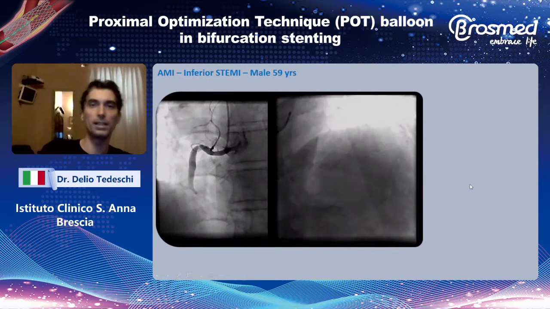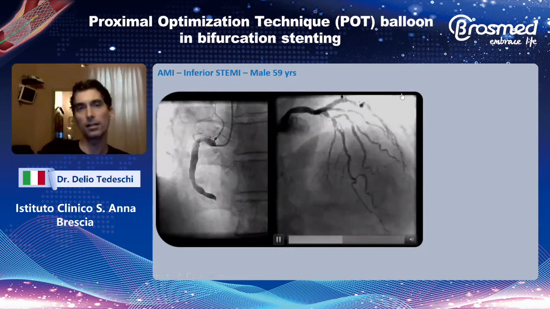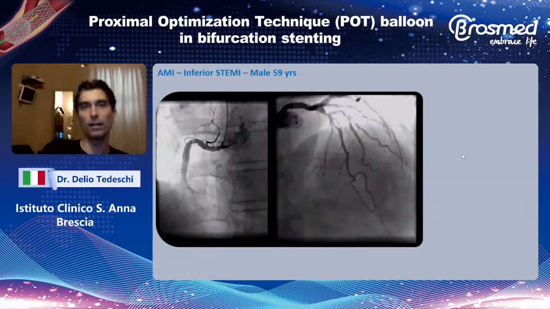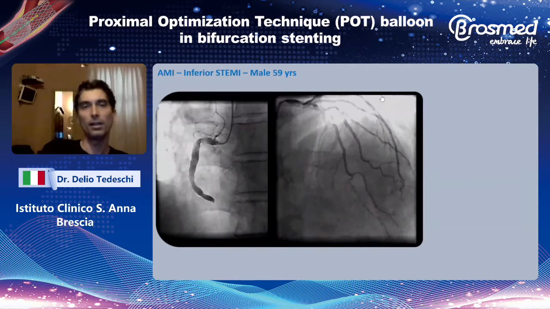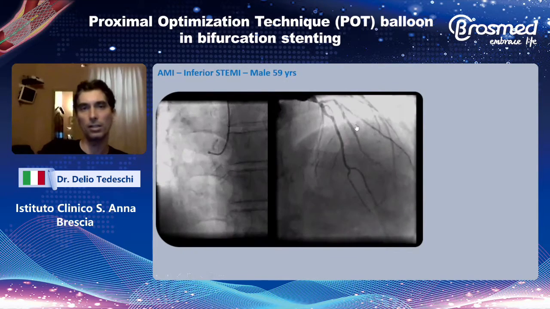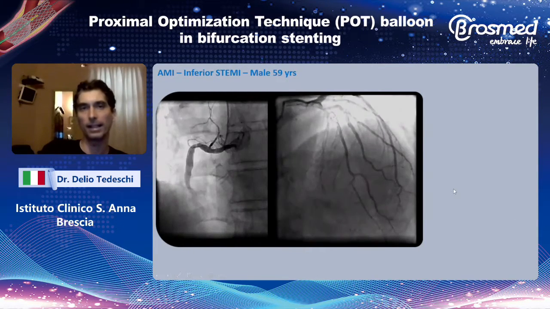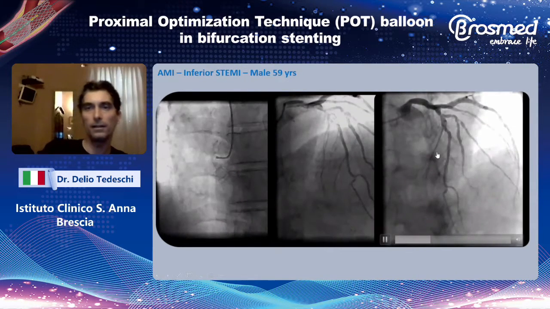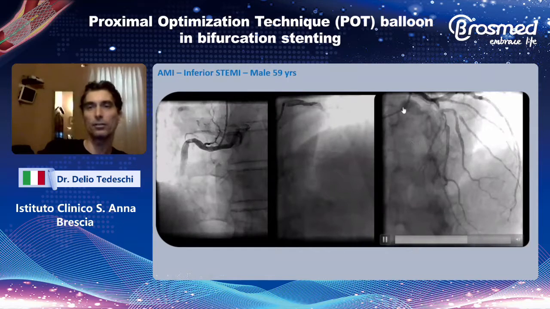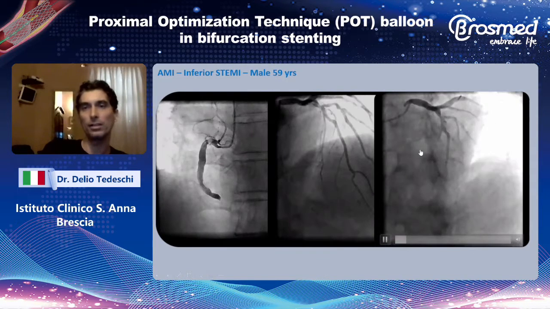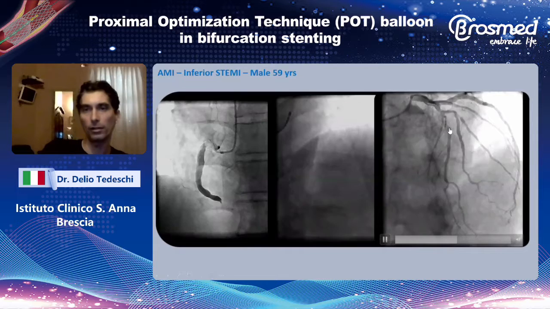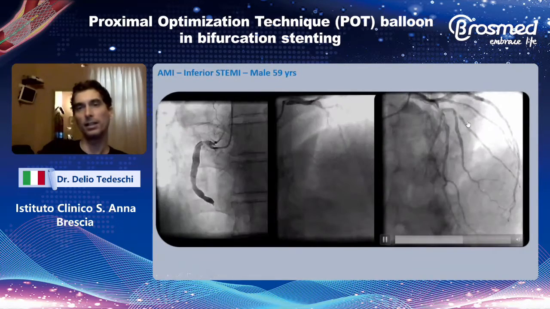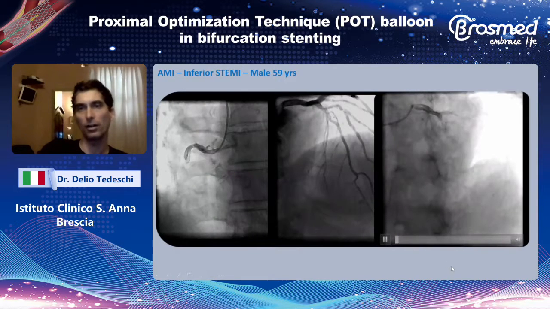We can see from the diagnostic angiography that there was also a disease at the level of the proximal LAD, at the level of the bifurcation of the proximal LAD. The patient had also disease at the level of the first diagonal, an important first diagonal branch, with a kind of secondary bifurcation of the diagonal.